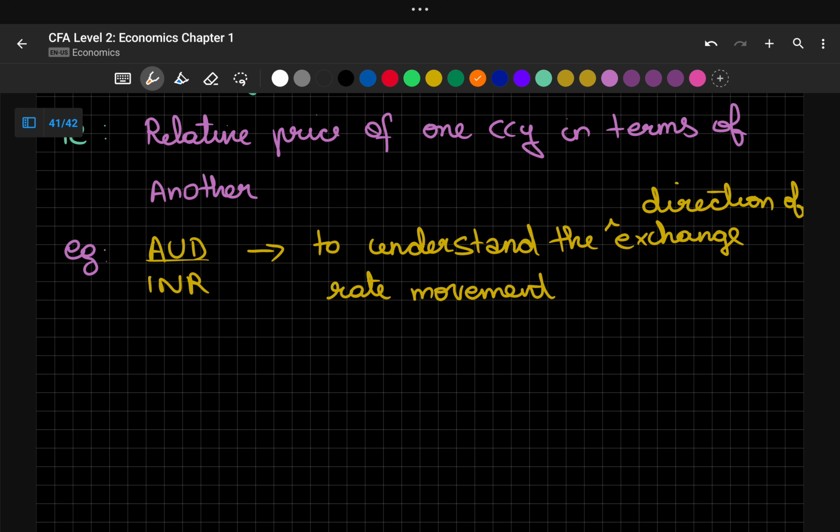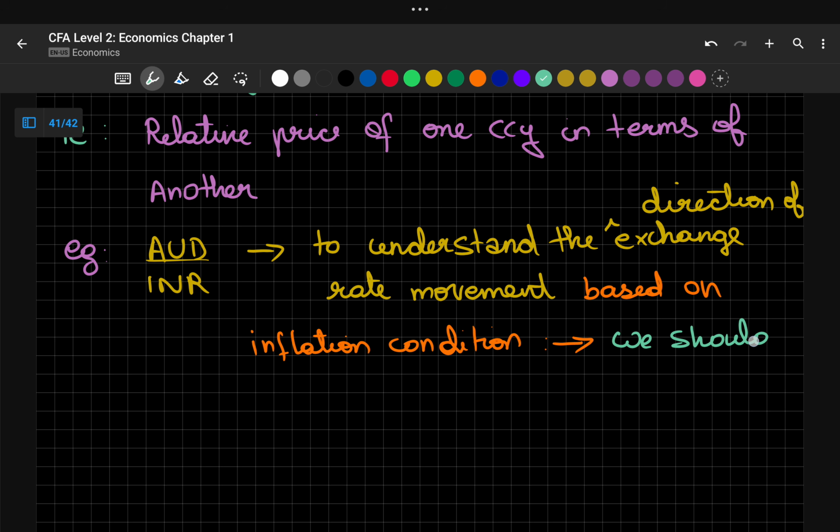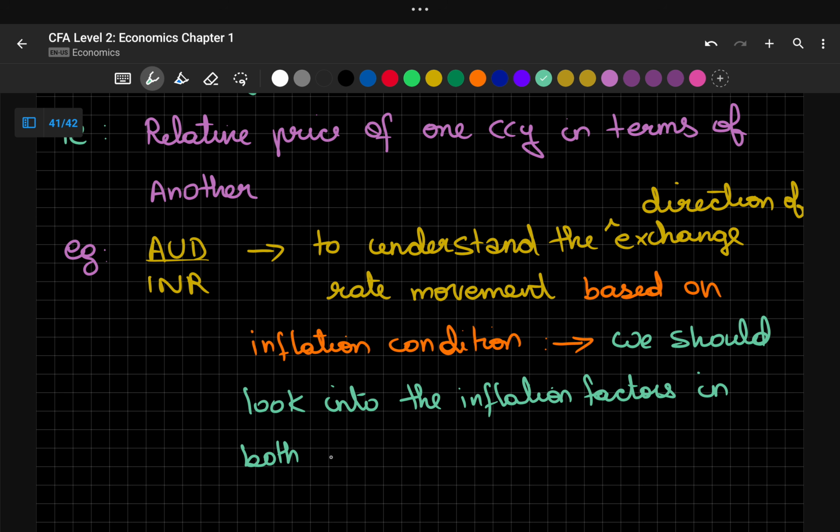In this case, we are considering inflation factors in both Australia as well as India, because it is a relative movement.